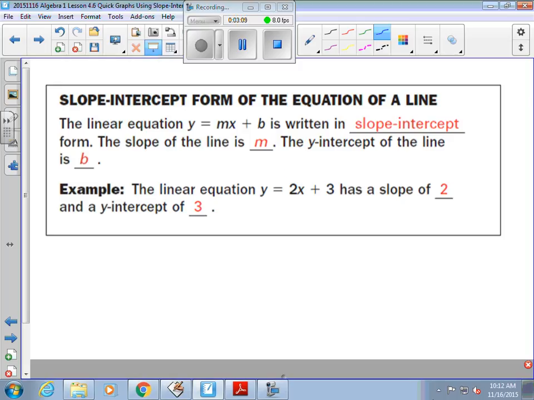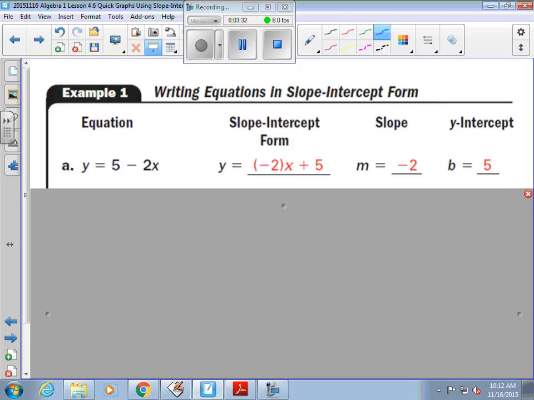Y equals mx plus b, where your slope is 2, not 2x, but 2, the thing that multiplies by x. And b, or your y-intercept, is 3. Remember, the sign always goes with the number. So since both of those are positive, they're both positive, 2 and 3 respectively.